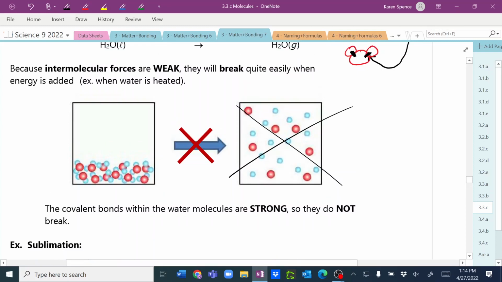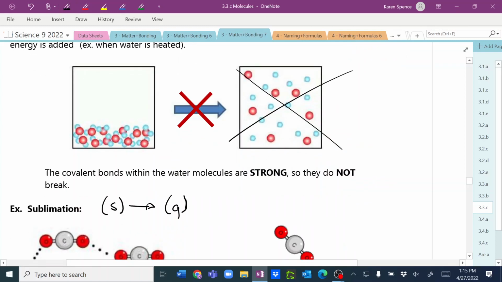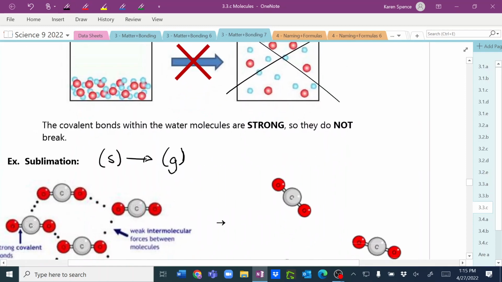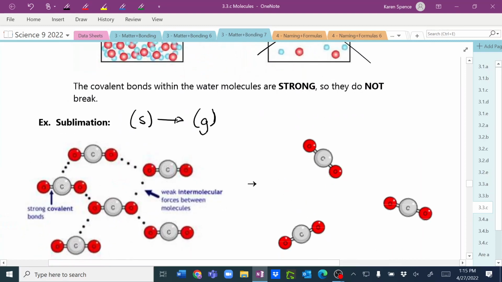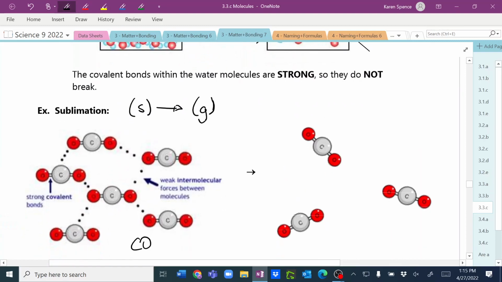Do you remember what sublimation is? Sublimation. That is solid to gas, yes indeed. And so if you have something like carbon dioxide, it is one of the really weird things that actually does sublime. We've got carbon dioxide solid over here. And you can see there's those weak intermolecular forces here.